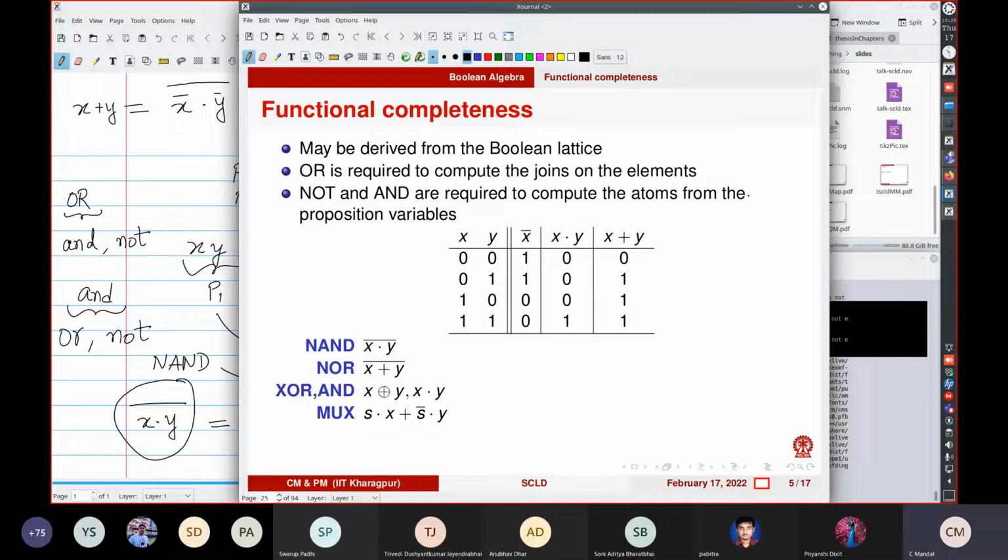This is an interesting function. You have already studied a multiplexer. So multiplexers are also functionally complete. So can you work out how you can realize other functions using a multiplexer?